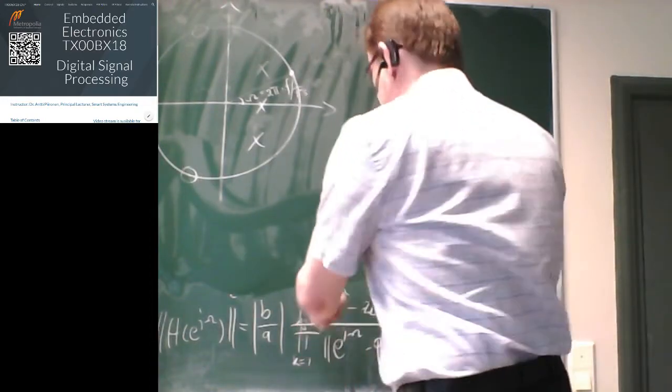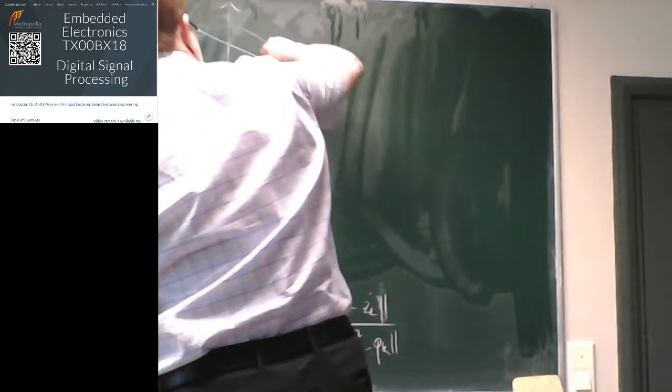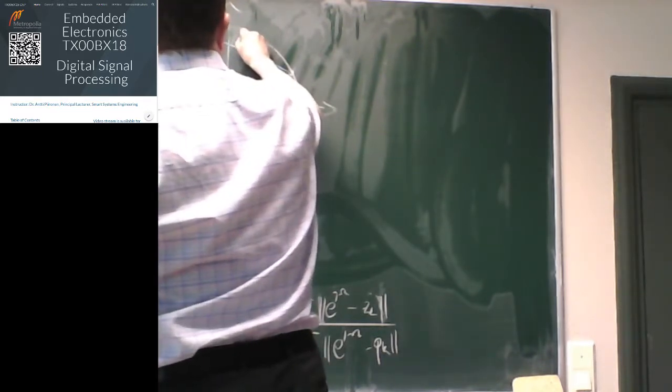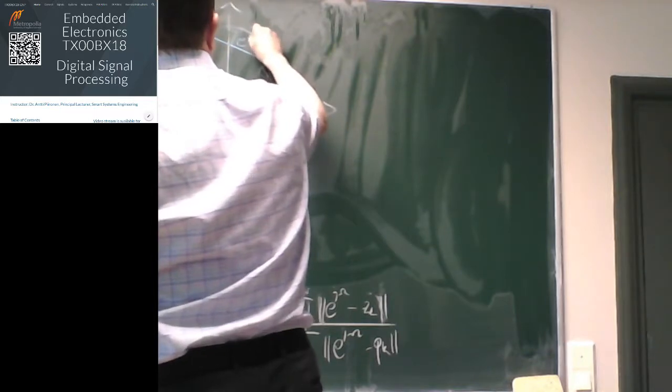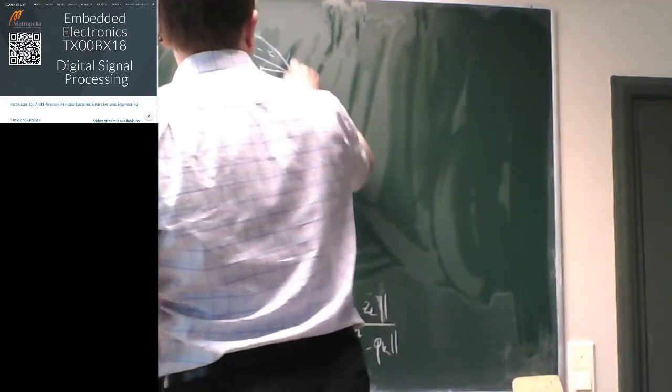So this is linearly proportional to the physical frequency, and then we basically have those distances. For example, the distance to zero 1 is here. And similarly, here we have the distance to pole 1.